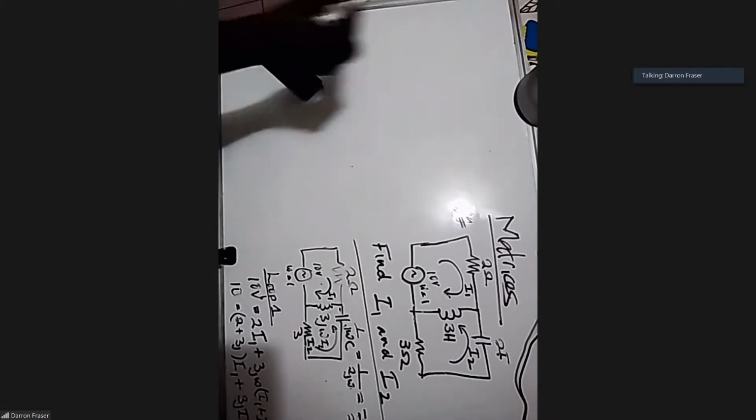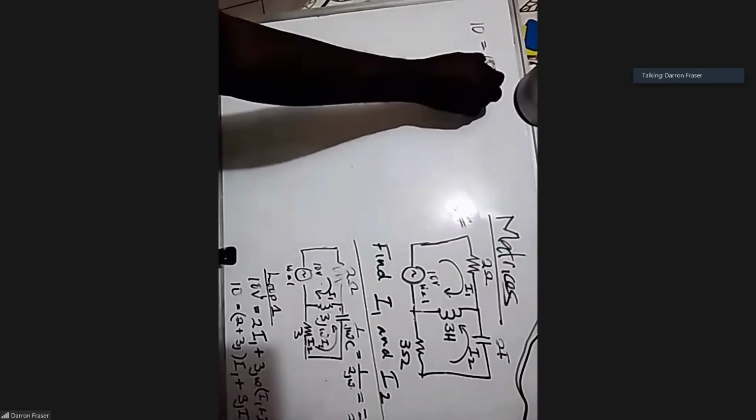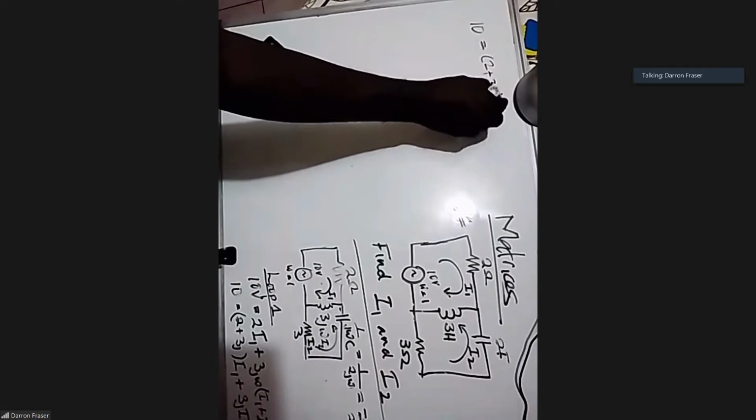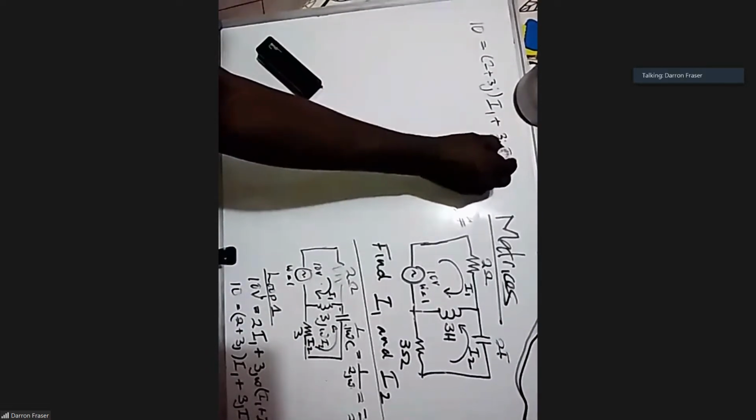All right, so we're going to write 10, that's the first equation, 2 plus 3j I1 plus 3j I2.